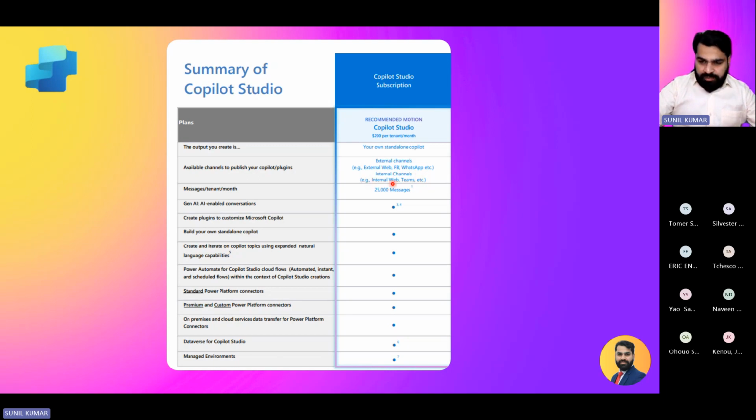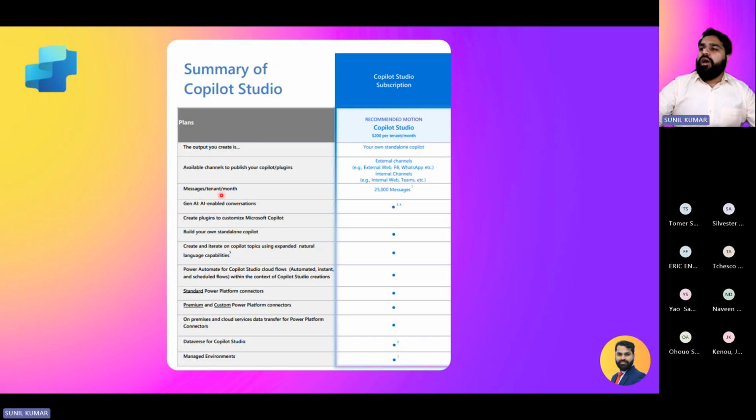Internal channels include internal websites and SharePoint sites, and we can publish on those. Teams also we can publish on. Mostly Teams is the favorite channel internally if any organization wants to use that. Copilot Studio can also be integrated within Power Apps as well.